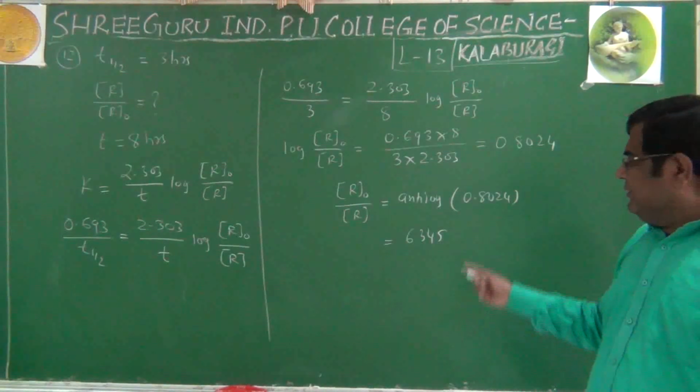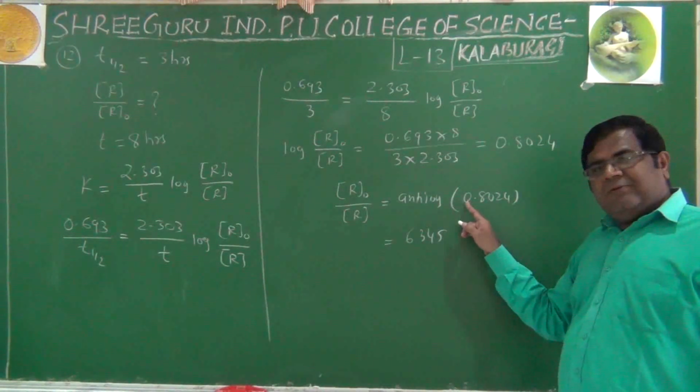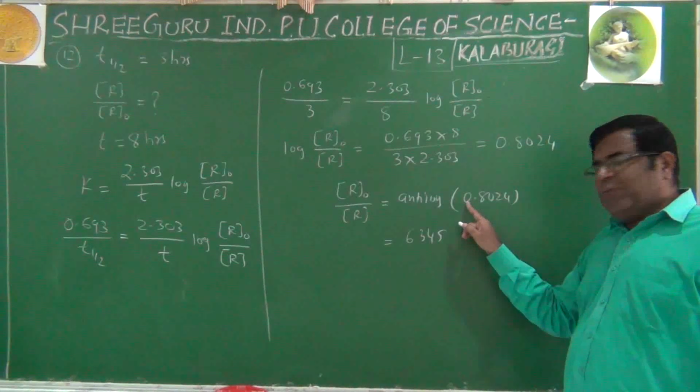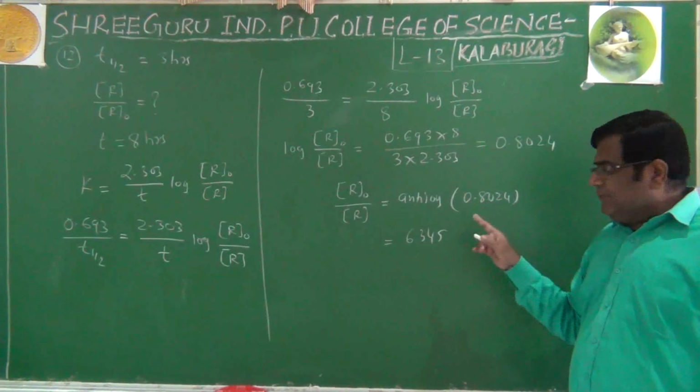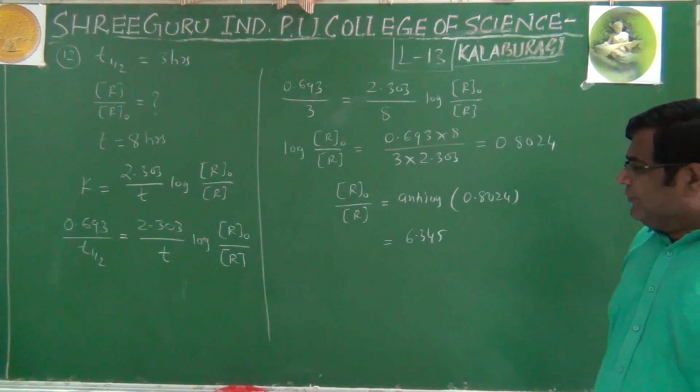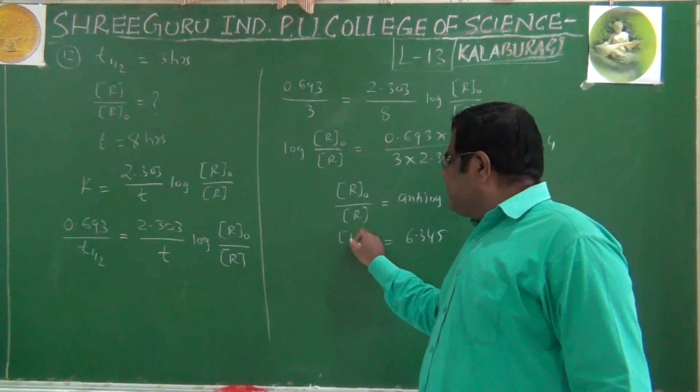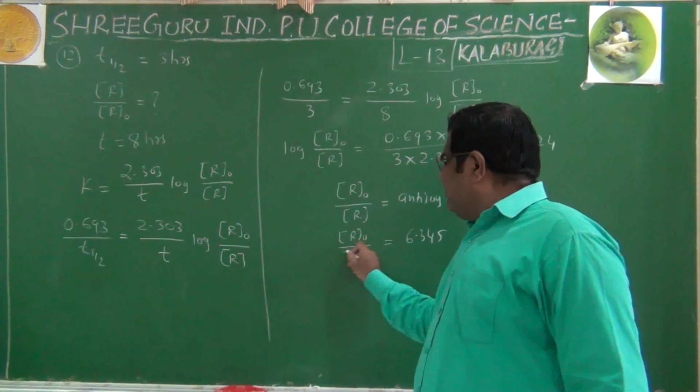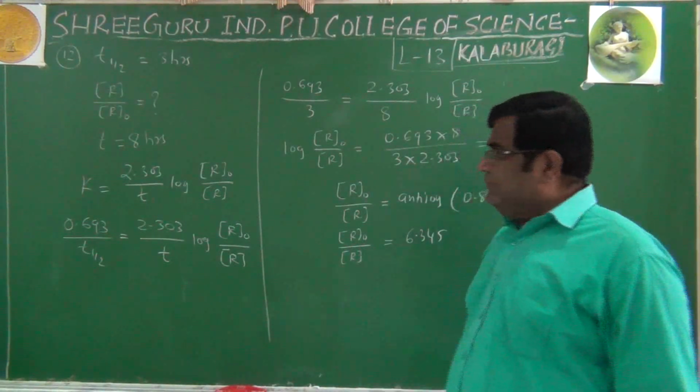As usual you have to look into the number which is before the decimal point, which is 0. Add 1, 0 plus 1, 1. So you can put the decimal point here. So what we have obtained here is the ratio of R0 by R.